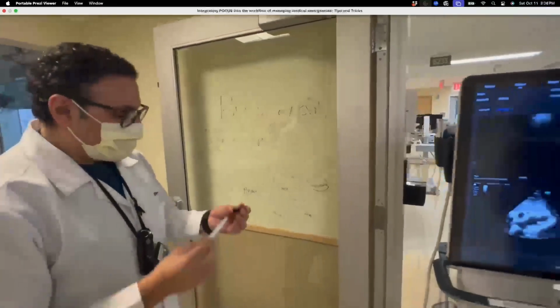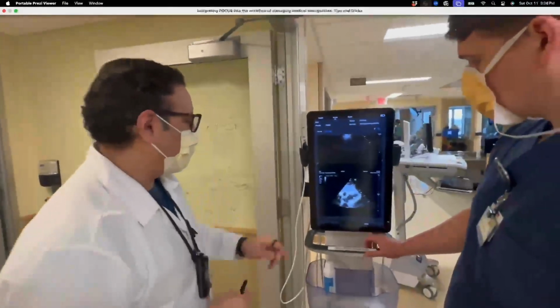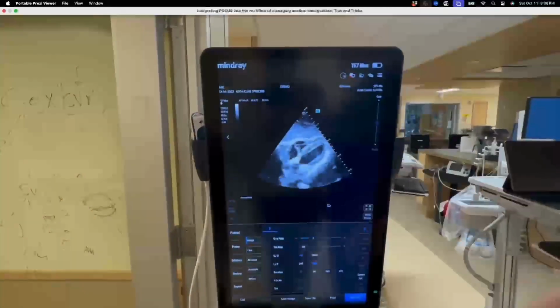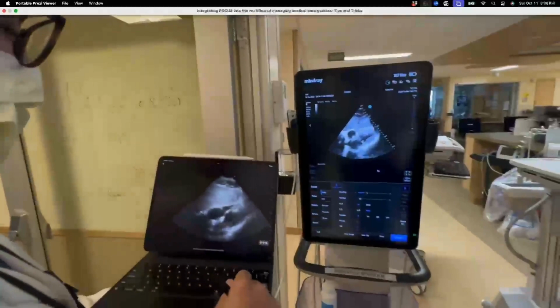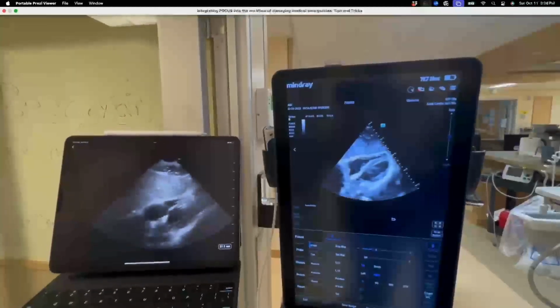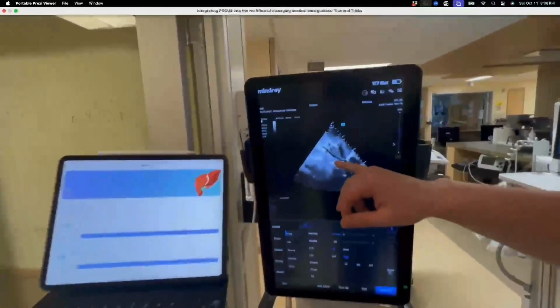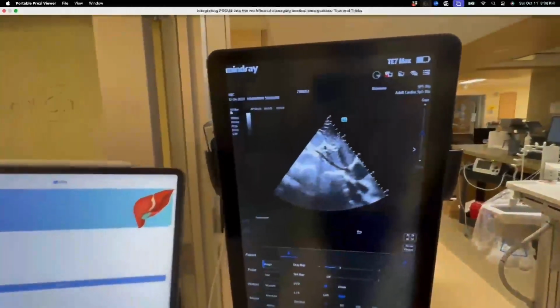This is an example of how our rounds happen in the ICU now. Here we're seeing a heart that looks hyperdynamic and a little flat. Let's look at the IVC. Looking at the IVC here, it looks very flat.